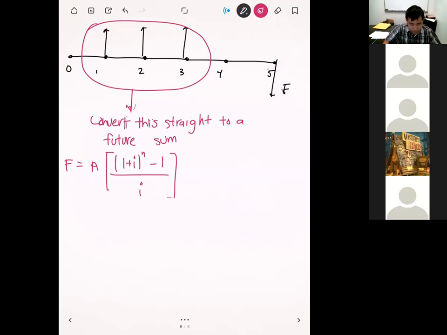You can use n equal to 3, i equal to 0.15, and A equal to 1,000. If you plug that in, what you get is a future sum of $3,472.